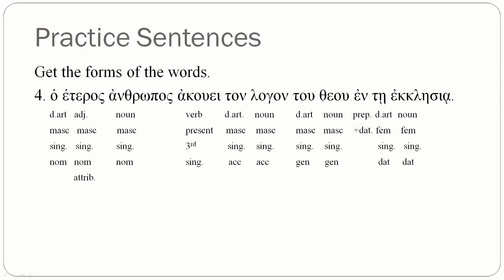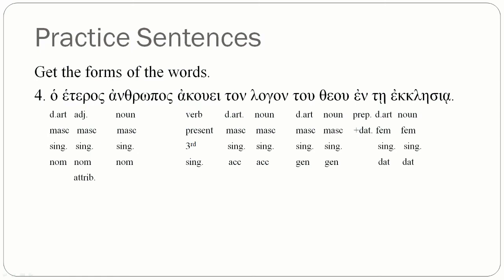And then your last element of this sentence is a prepositional phrase. Okay, en is a preposition that we learned about in the last chapter. This en is always going to take the dative. Therefore, you have the datives. If you remember from our discussion of the prepositions, the fact that the preposition takes a dative overrides the case function of the dative there.